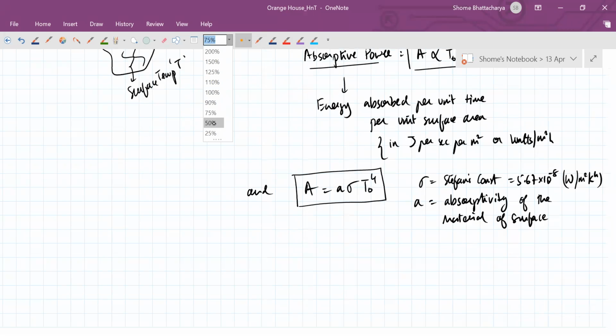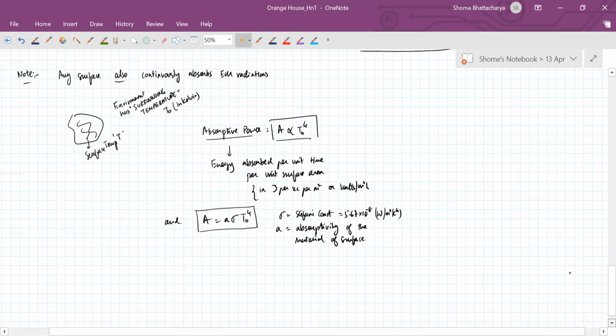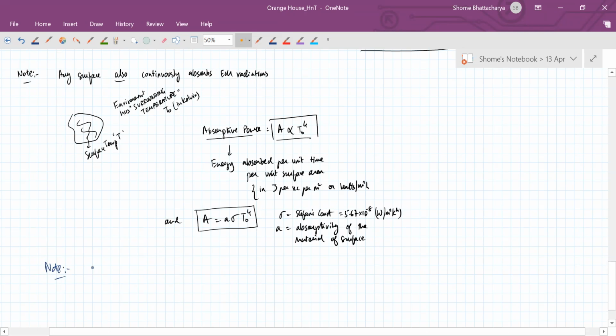Okay, so next up we will see something very interesting. That is that the value of emissivity E for any material and absorptivity A are identical.